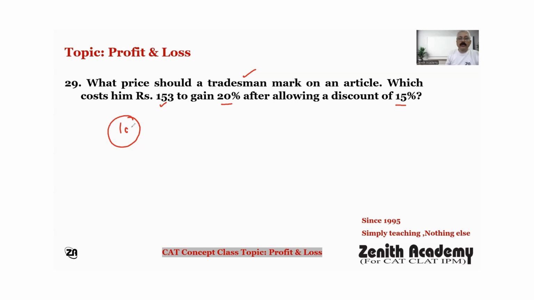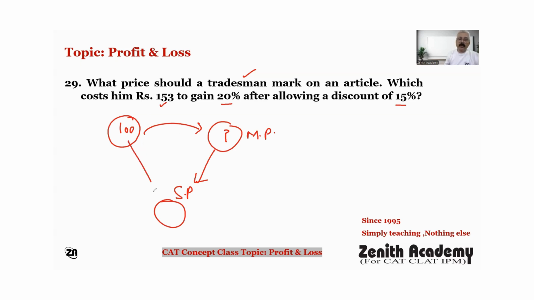Suppose the cost is 100, and this is the mark price, and this is your selling price. So here, what price should a tradesman mark means this is to be found out, which cost him 153 to gain 20%.